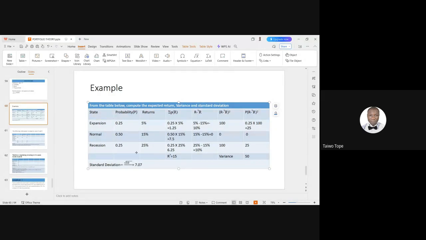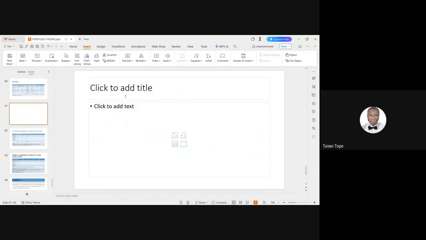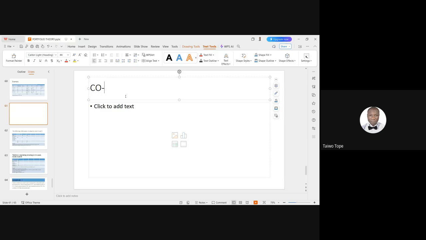When we talk about covariance, it measures the linear relationship between two variables.